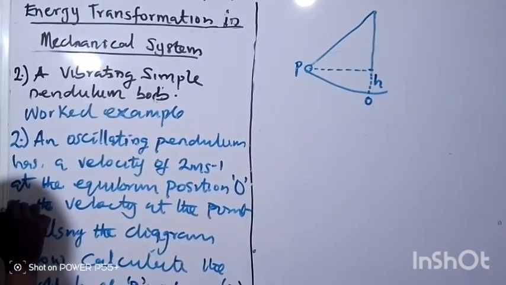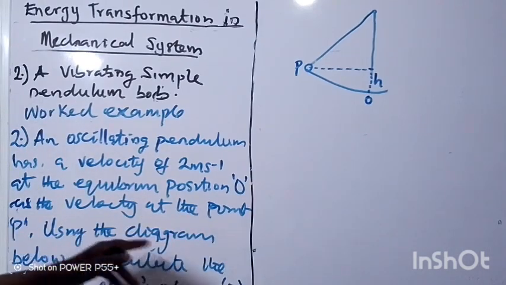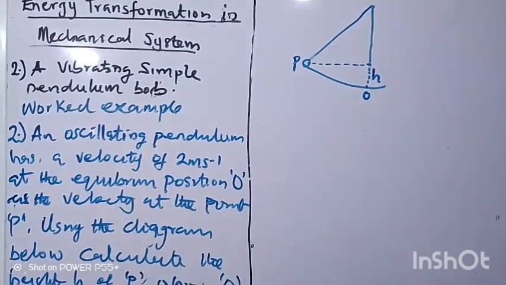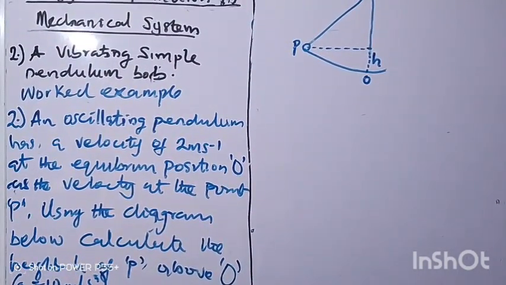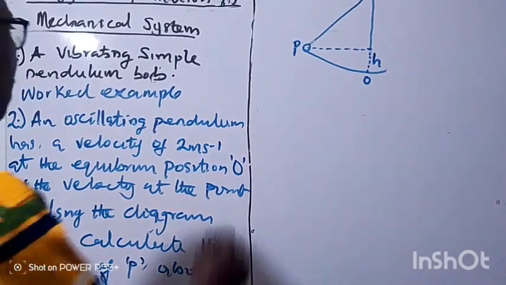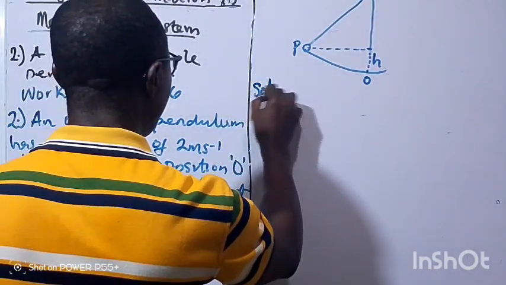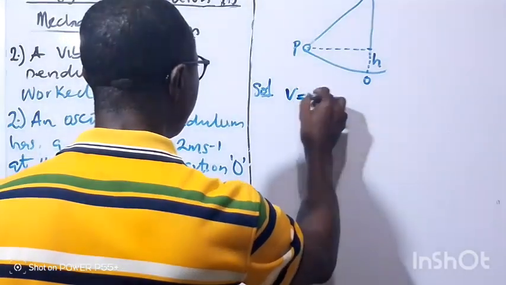As the velocity at point P, using the diagram below, calculate the height h of the P above O. G is given as 10 meters per second square. Let's write out the parameters within the question. Velocity V is given as 2 meters per second.